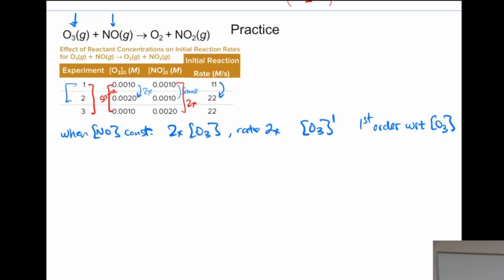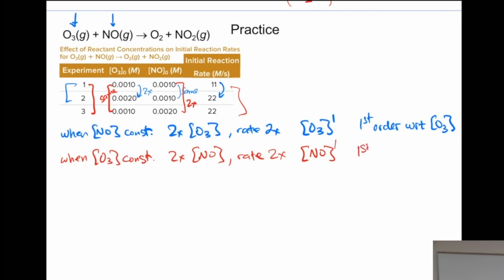So when the ozone concentration is constant and we're doubling the NO concentration, what happens to the rate? It doubles. So we would write that as NO to the first power, and this is first order with respect to NO. Now we can write our rate law because we've accounted for all of the reactants.